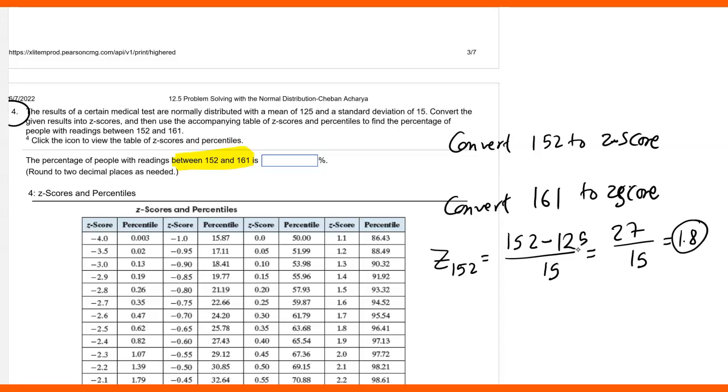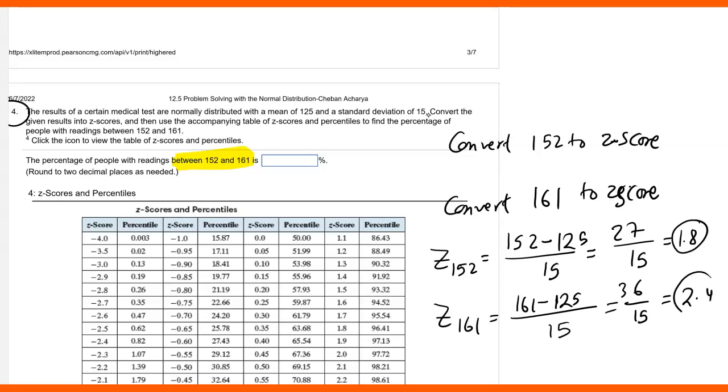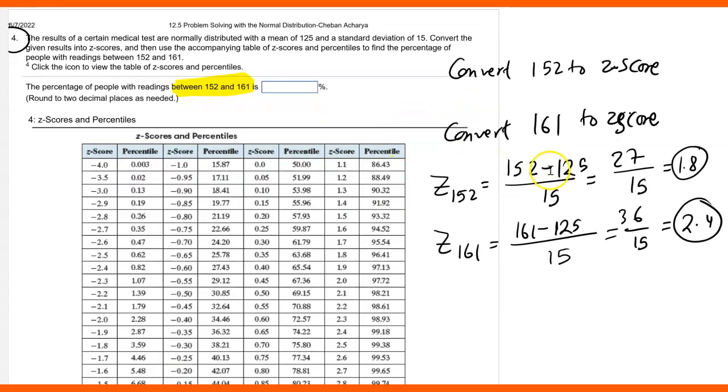Similarly, the z-score of 161 is going to be 161, the data, minus 125, which is the mean. Standard deviation is 15, and if you subtract 161 and 125, you get 36 divided by 15, which gives you 2.4. Therefore you have two z-scores, one for 161 and one for 152.